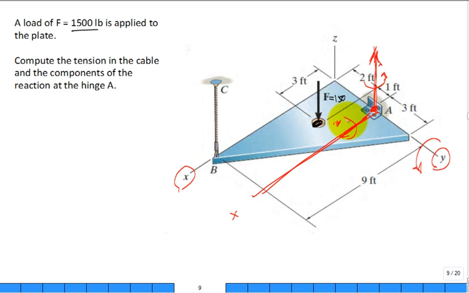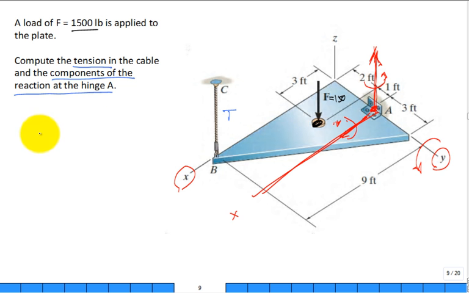It can have 1, 2, 3, 4, 5 non-zero reactions, or resultant forces and moments, because of resisting the plate's desire to translate and rotate. So, okay, the question is: compute the tension in the cable, maybe use T for tension, and the components of the reaction at the hinge.